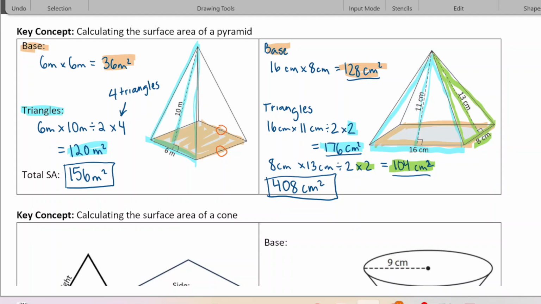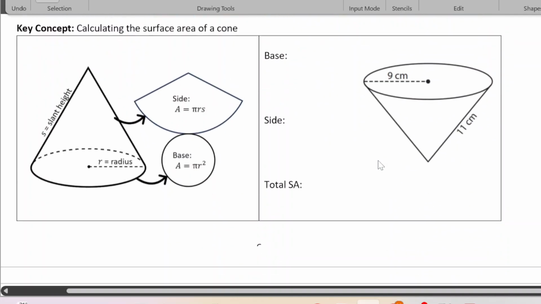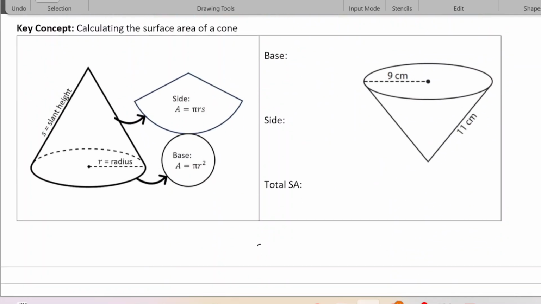Okay, so those are rectangular and square pyramids. Let's look at a cone. For a cone, you're just going to be given the formula for the surface area of a cone. So there's two sides on a cone, two surfaces, I should say. The base of the cone is a circle. Okay, and all circles have the same formula for their area, pi times r squared.